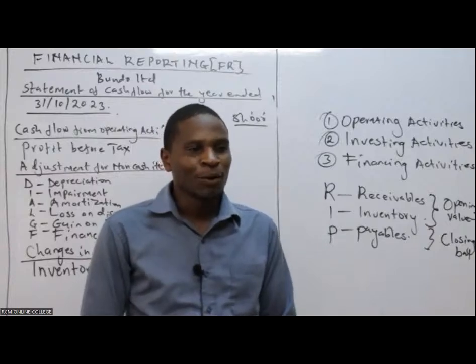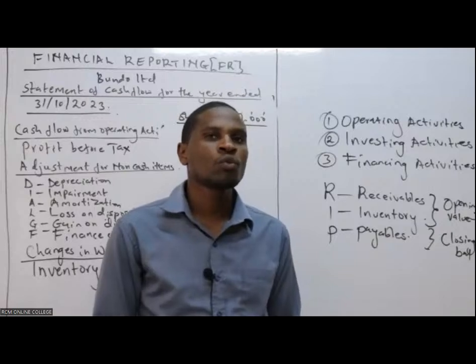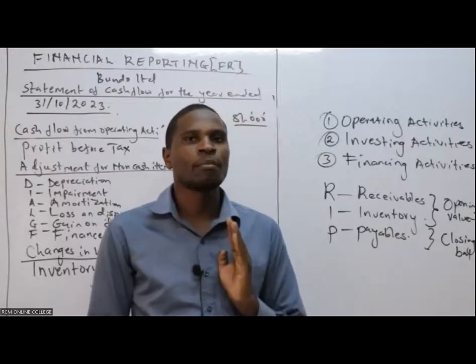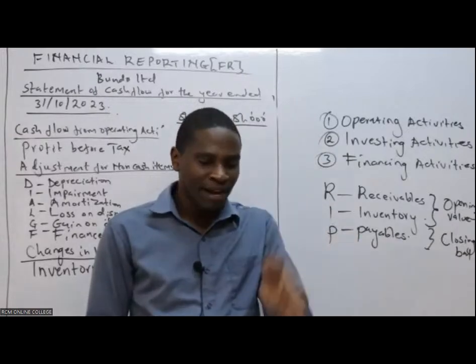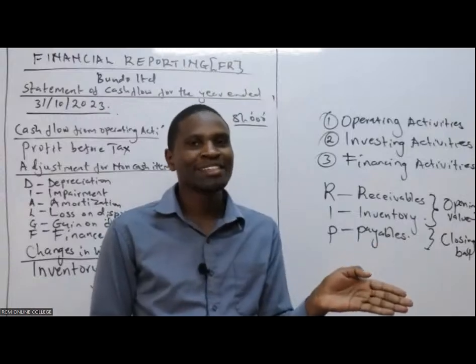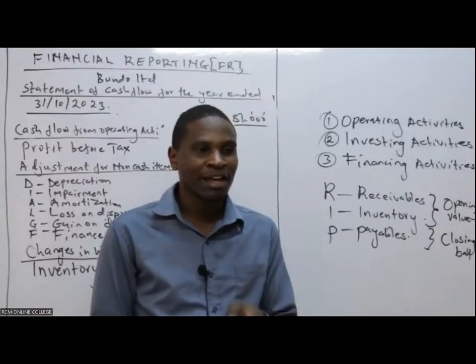Asante. Now, the examiner is always wise. He knows that people don't look at the years above there, and people tend to assume that the first column is for the previous year. But that is not the case.